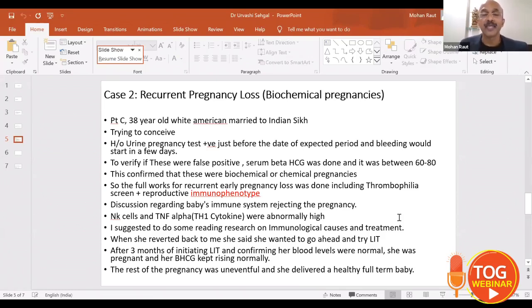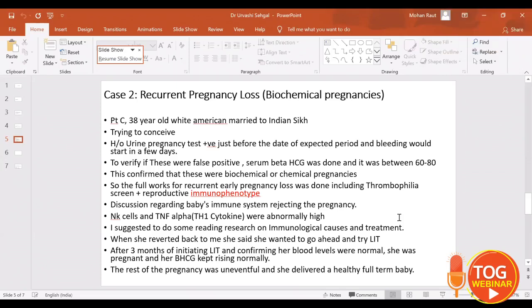And here, madam, why did you think about the immune problem, that the TNF alpha and NK cells are high? Dr. Mugdha, if you would like to take this one.